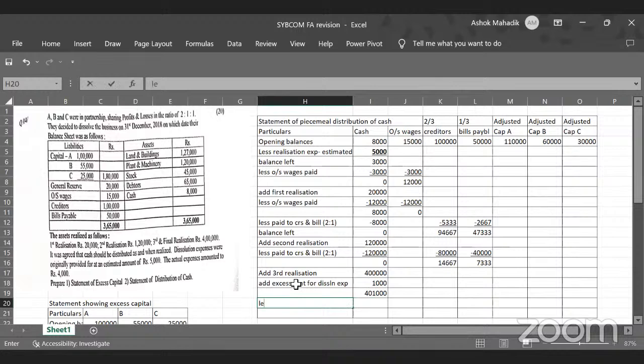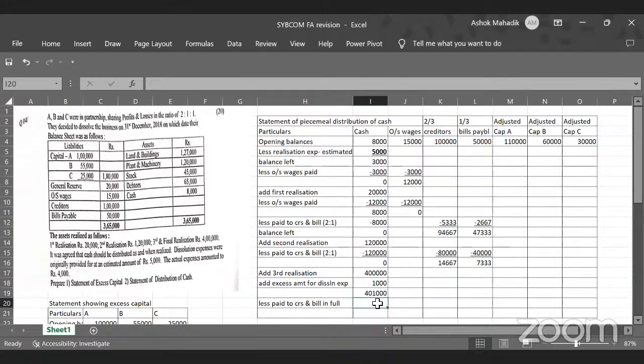So, less: paid to creditors and bills payable in full. Just a minute, students. Full. So what is the total of their liabilities? 14 plus 7, 22,000.